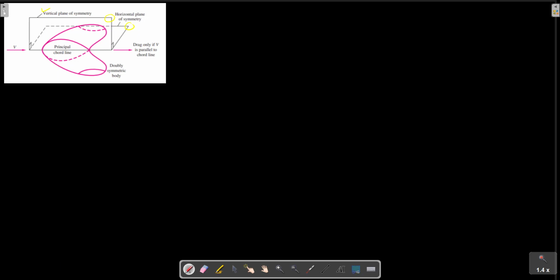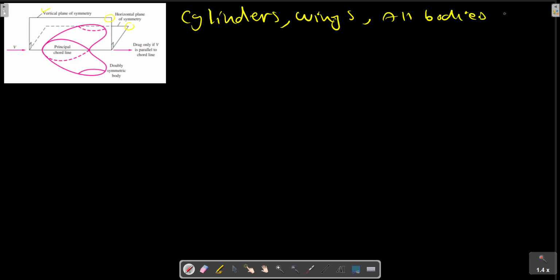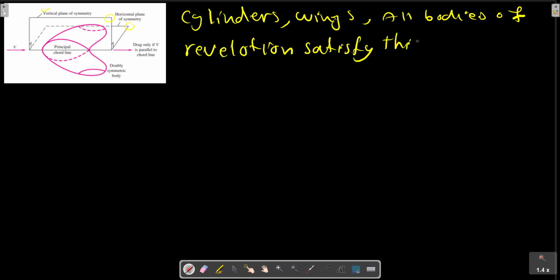A wide variety of shapes such as cylinders, rings, and all bodies of revolution satisfy this requirement.